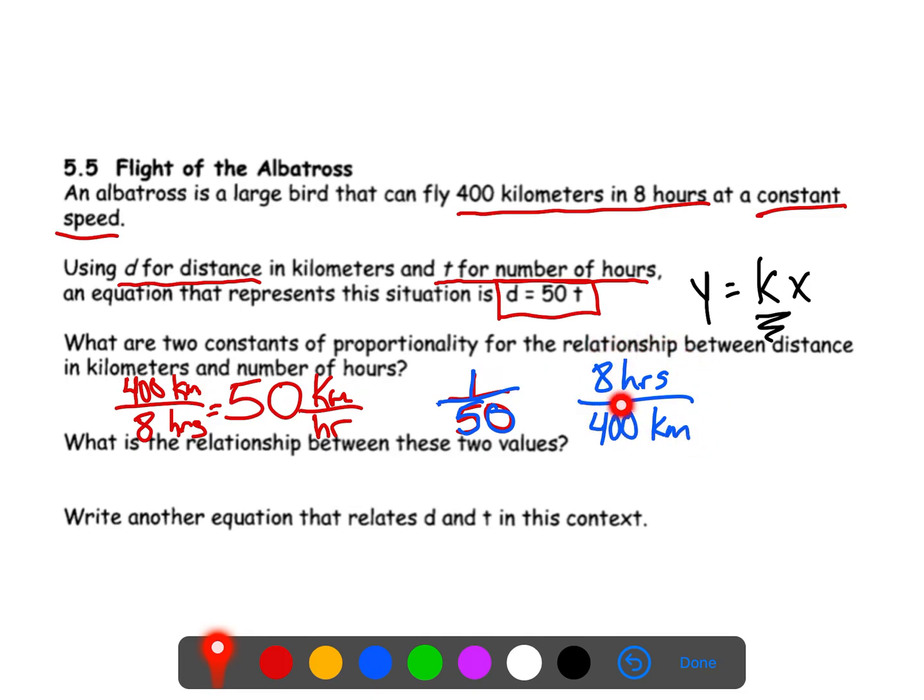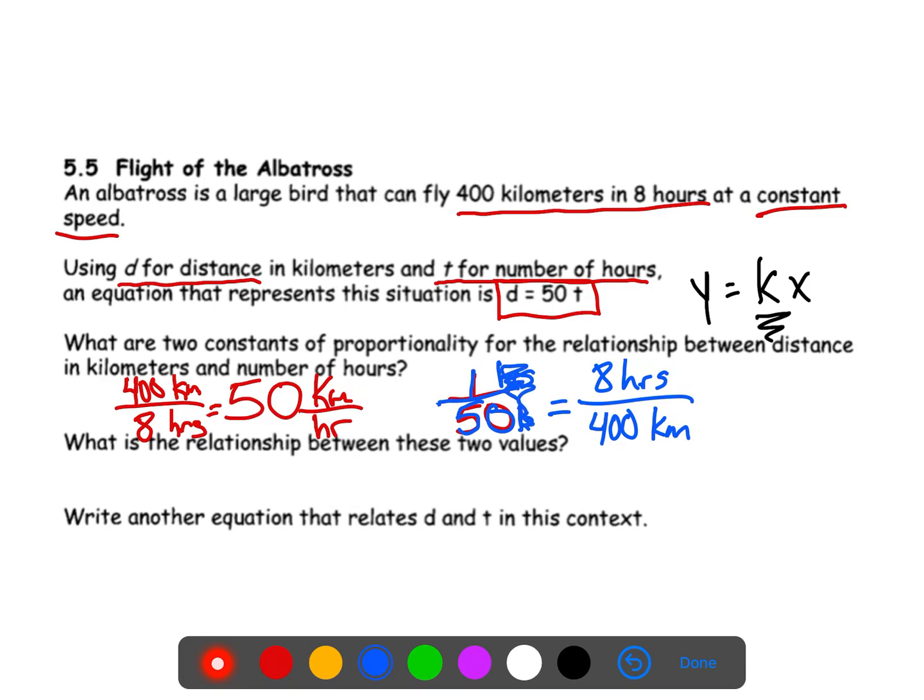If I divide this, 8 divided by 400, or I simplify it, thinking like a fraction, 8 over 400 simplified, it's going to equal 1 over 50, 1/50th. And now that's hours per 50. I'm sorry. That would be 1/50th of an hour.